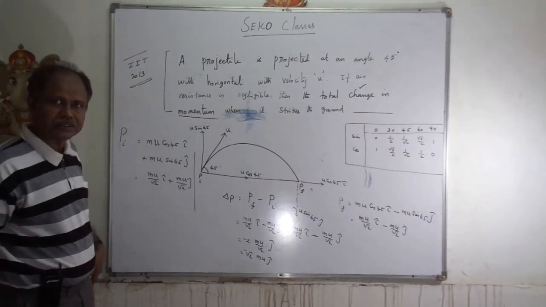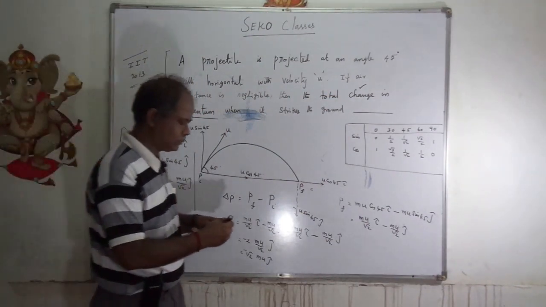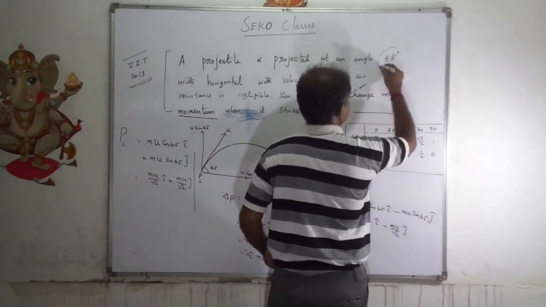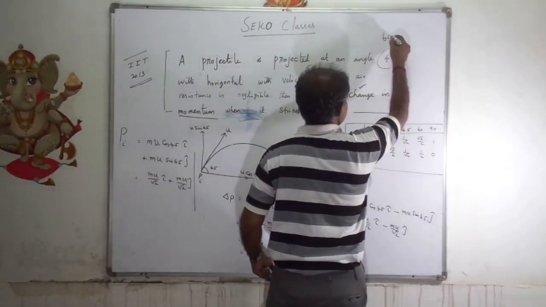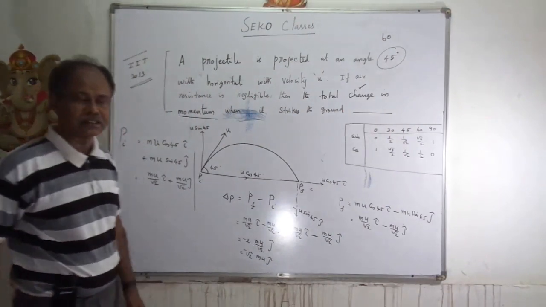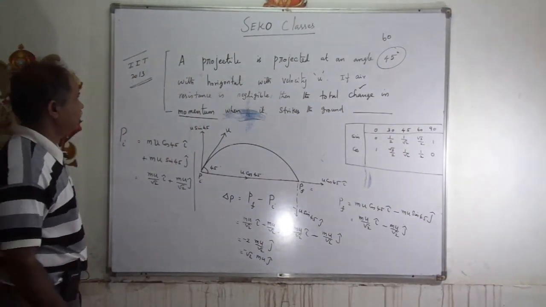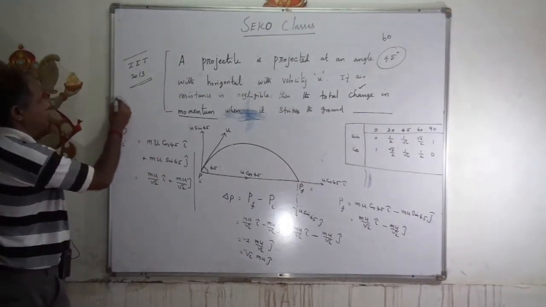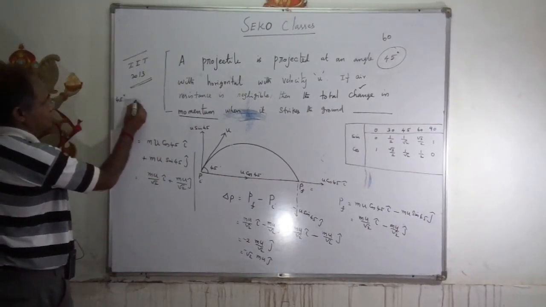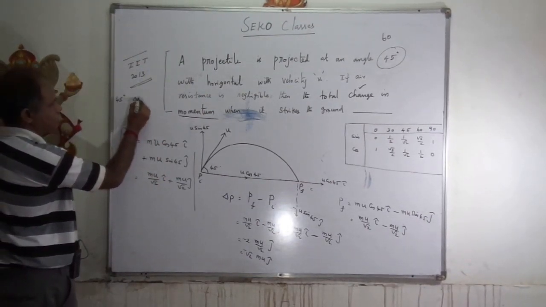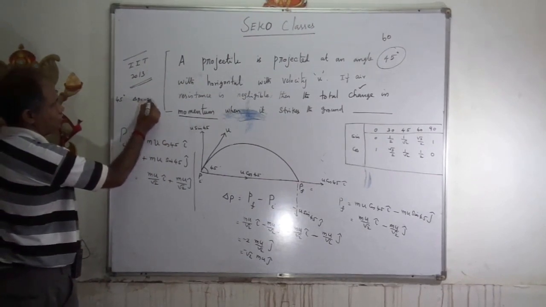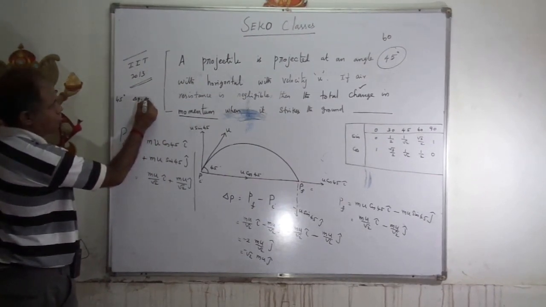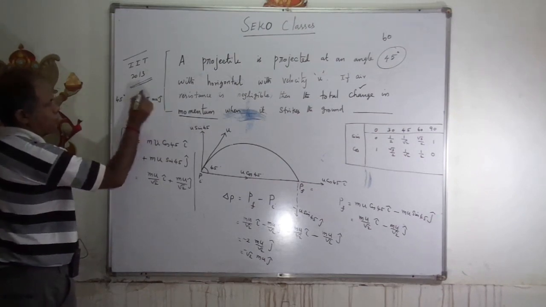For example, if it is 60 instead of 45, this is 60 degree. For 45, I have written this value. For 45 degree, the change in momentum is minus root 2 mu j cap.